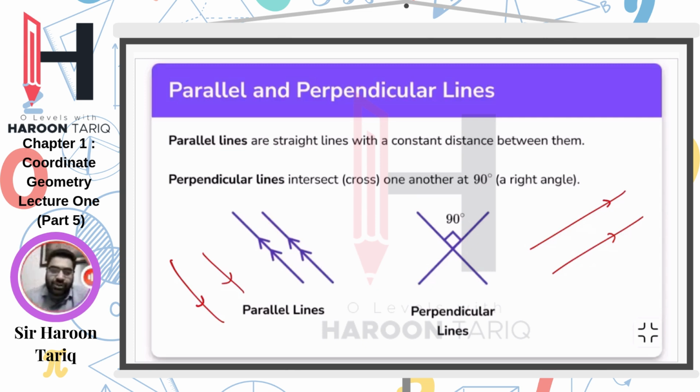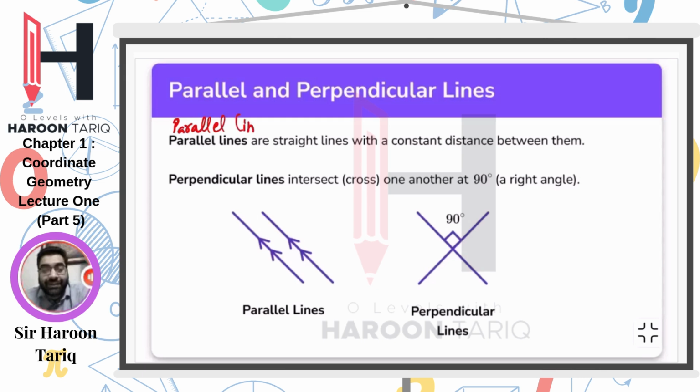We can revise these concepts tomorrow as well, but we need to complete the concept so that we can start implementing them. So the concept is parallel lines have the same gradient. Gradient is the slope. Parallel lines have the same gradient.